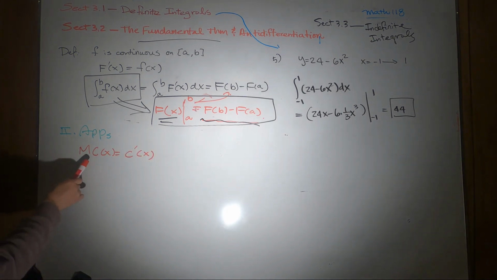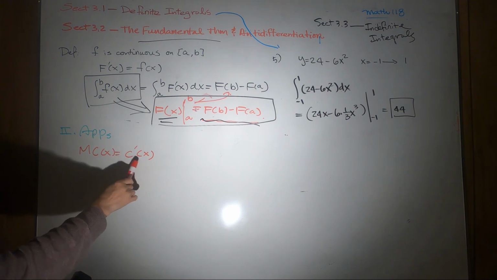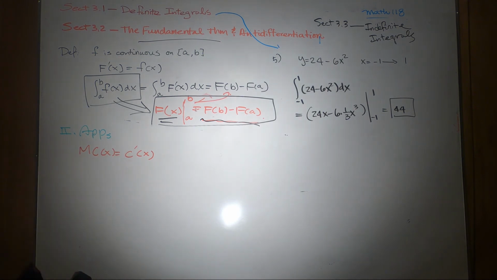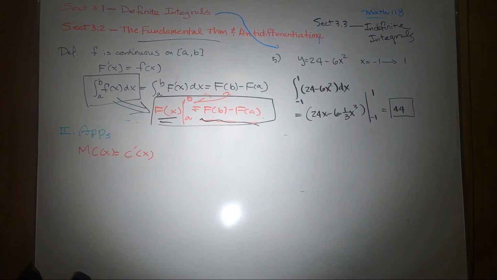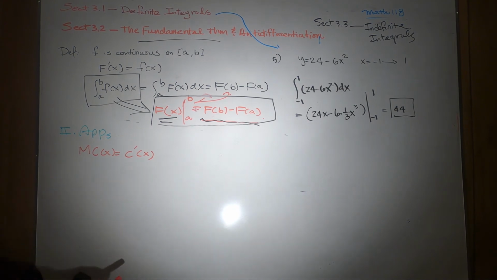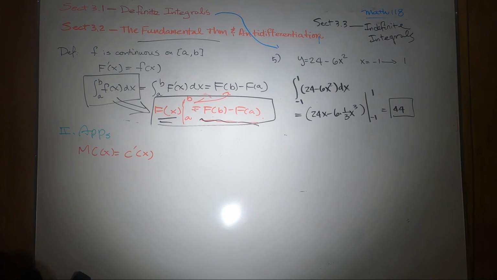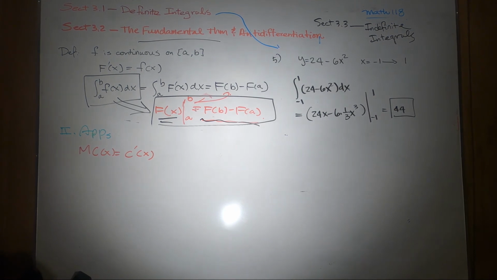If I take an antiderivative, I find my cost function. When I have a cost function, I can see how much it will cost me, say up to 300 units or something, right?